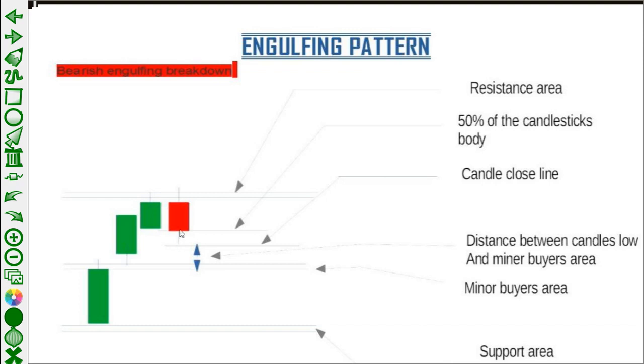The reason is the same, that we may face a doji candlestick here, or we may get a small green candle here, then the market will go down next candle. So the probability of winning this trade decreases. For that reason, we are not going to take this trade and we are avoiding it.